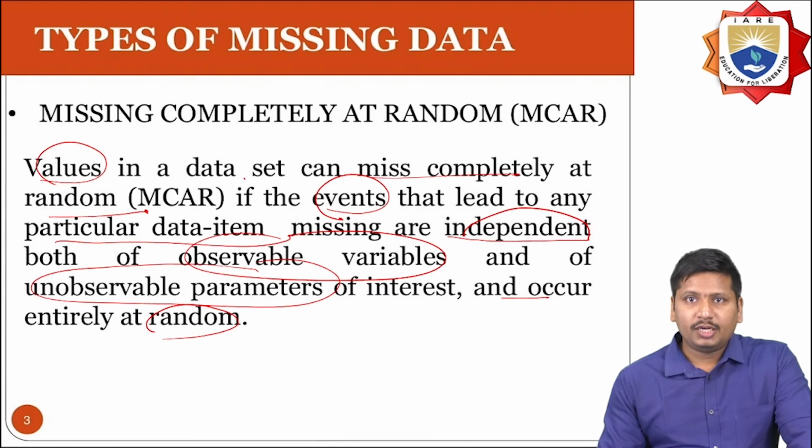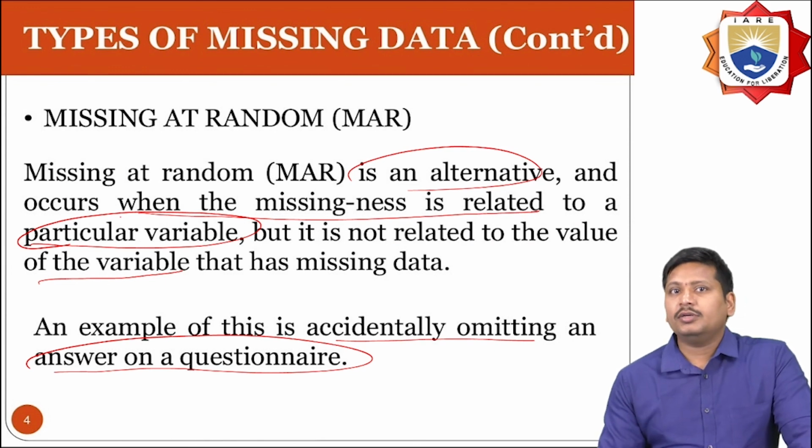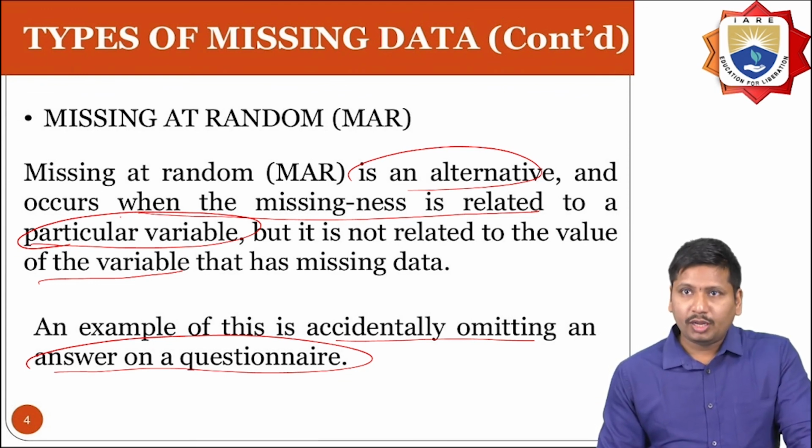In missing completely at random, the unobservable variables and independent variables are identified. The missingness is related to a particular variable, but it should not be related to the other variables.